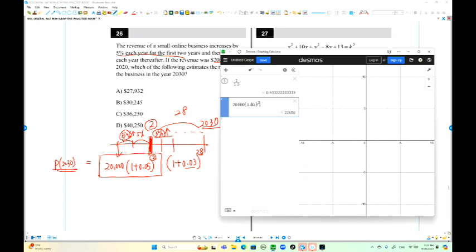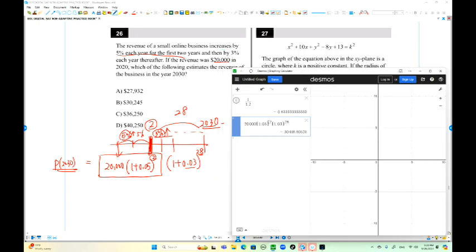The next one, another one, 1.03, okay? Second period, 3%. 1.03, and this time it goes 28 years. That's right. 20,000 times 1.05 squared times 1.03 to the 28.